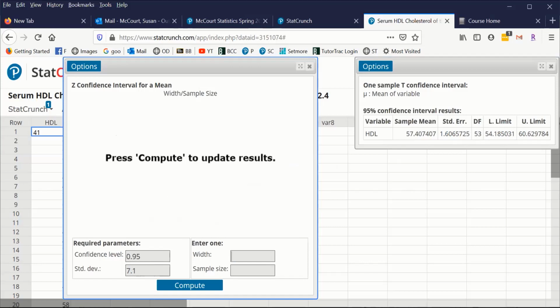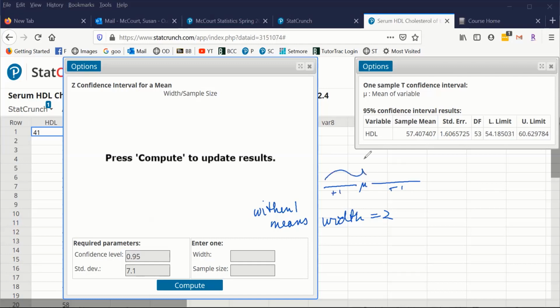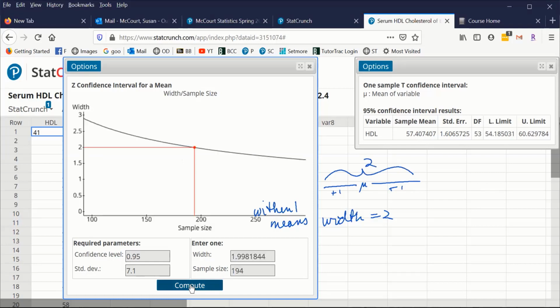So remember that within 1 means the width equals 2, because here's your mean, and it's 1 on either side. So 2 altogether. So that's the only trick to this one. So we have a width of 2, and then we compute and get 194.